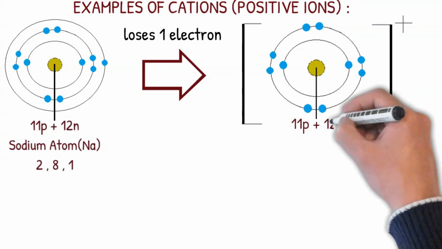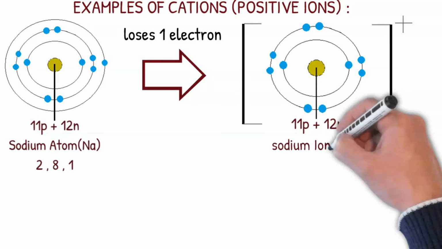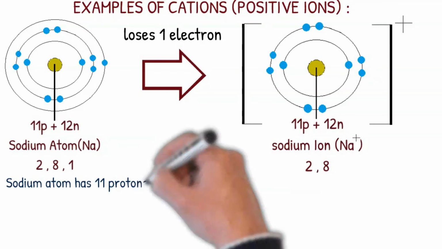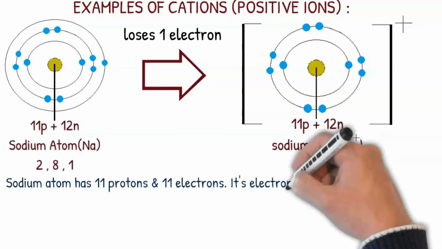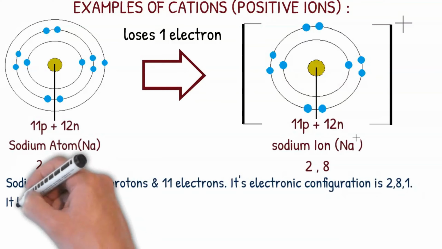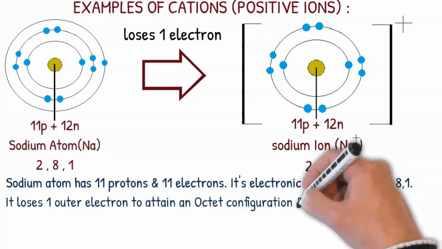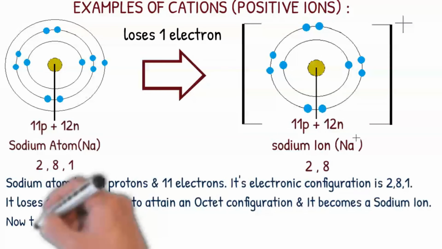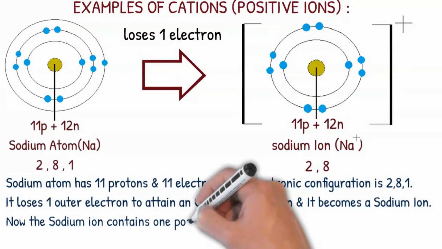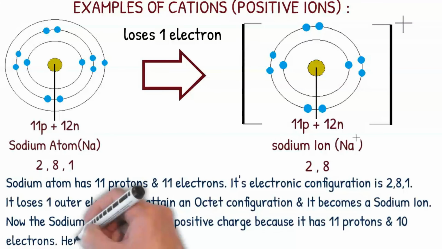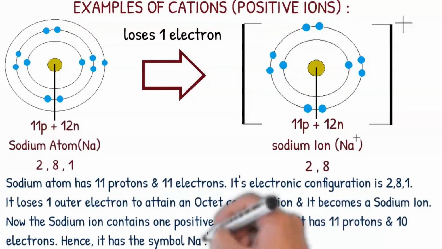As sodium has lost its electron, its electronic configuration is 2, 8. Sodium atom has 11 protons and 11 electrons. Its electronic configuration is 2, 8, 1. It loses 1 outer electron to attain an octet configuration and it becomes a sodium ion. Now the sodium ion contains 1 positive charge because it has 11 protons and 10 electrons, hence it has the symbol Na+.